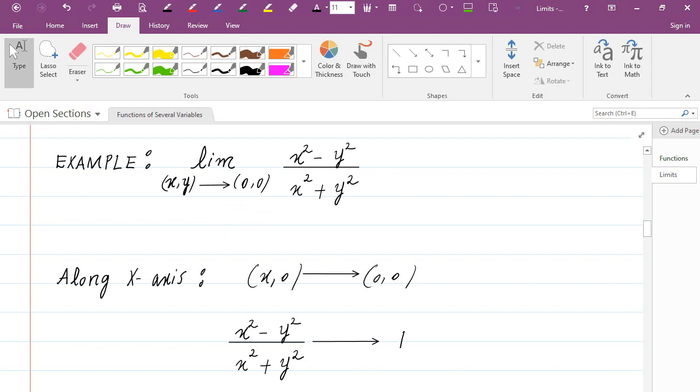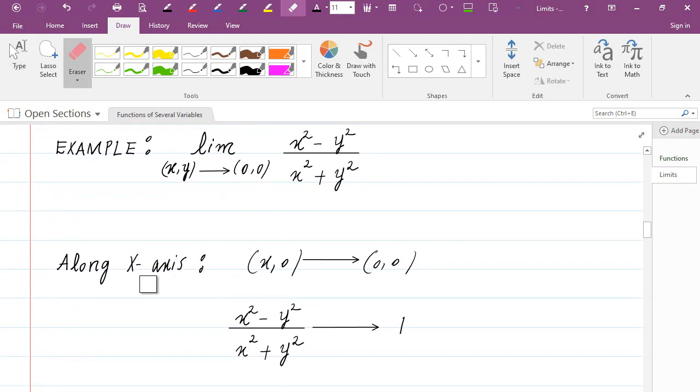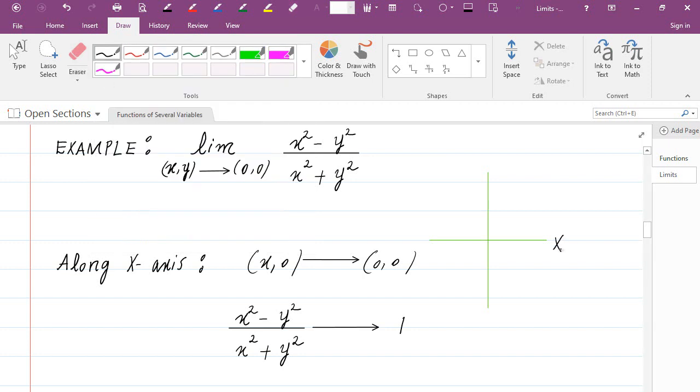Notice that if we approach (0, 0) along the x-axis, we have the points (x, 0) approaching the origin.